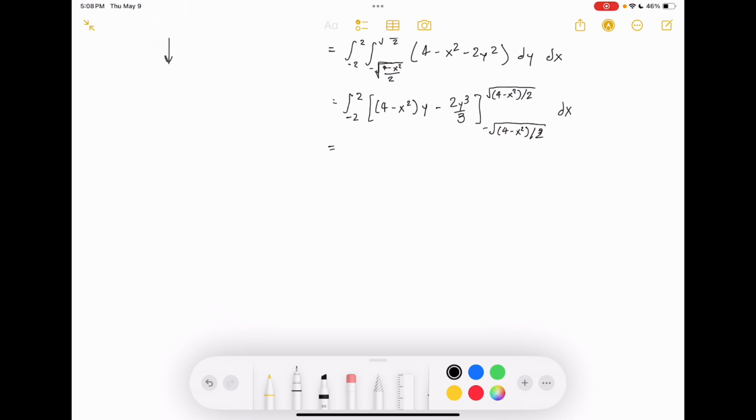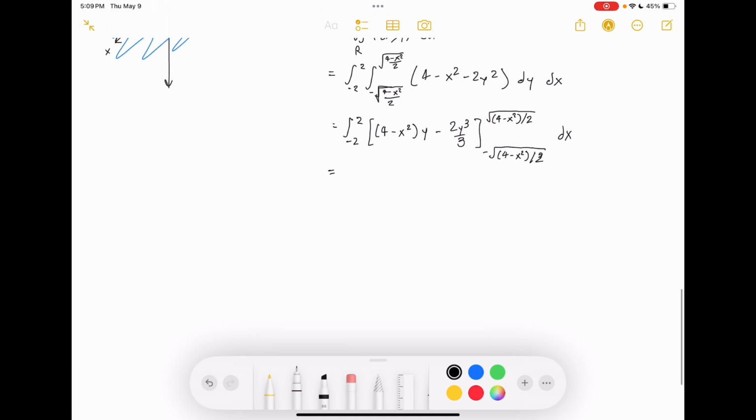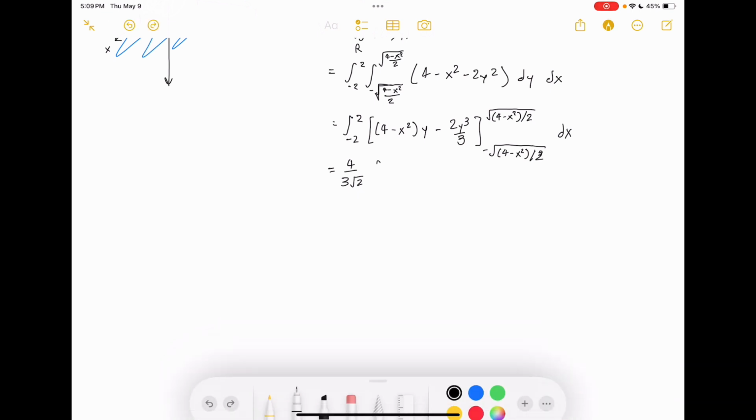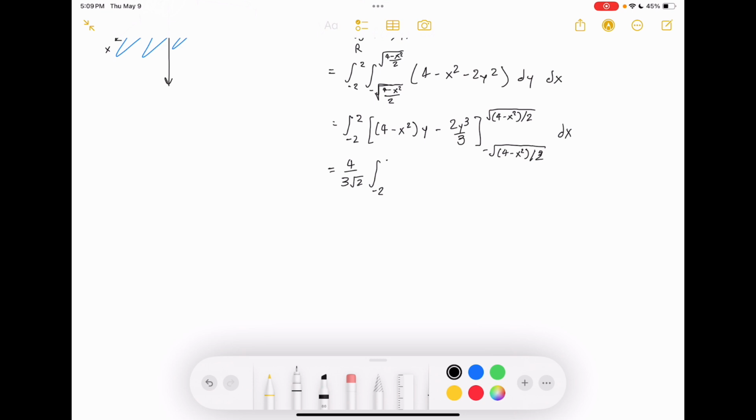Now, we have some things we can take out of this. When you evaluate that, when you plug this in, I'm going to do it off screen because it's going to save some time. When you plug in these big annoying bounds, you end up with a constant which is going to be 4 over 3 root 2, and if we need to simplify this, we'll deal with it at the end. We're going to multiply by the integral from negative 2 to 2.